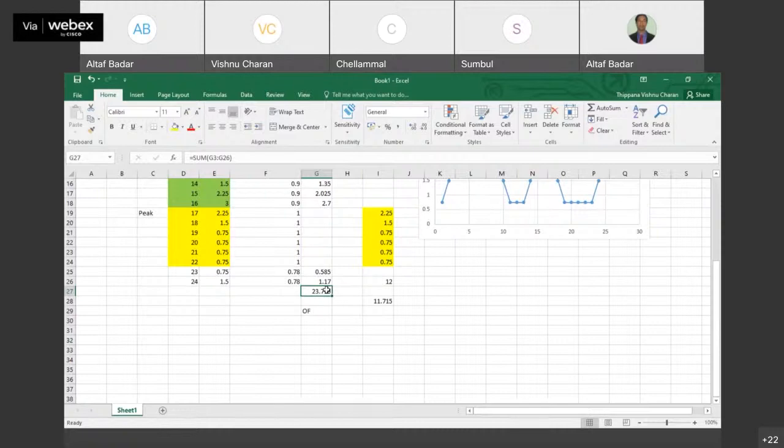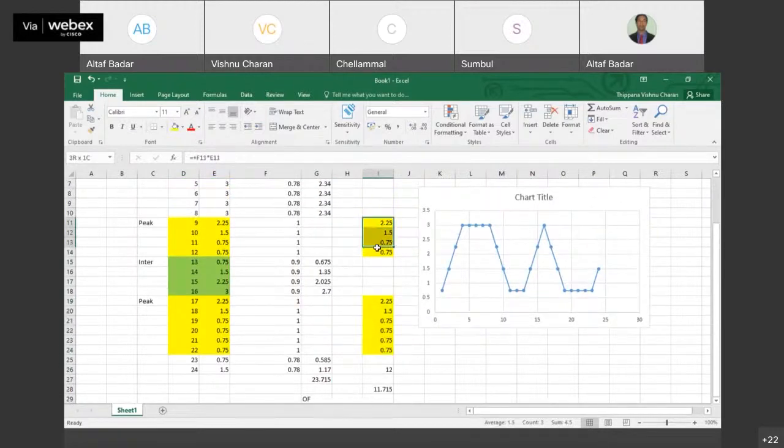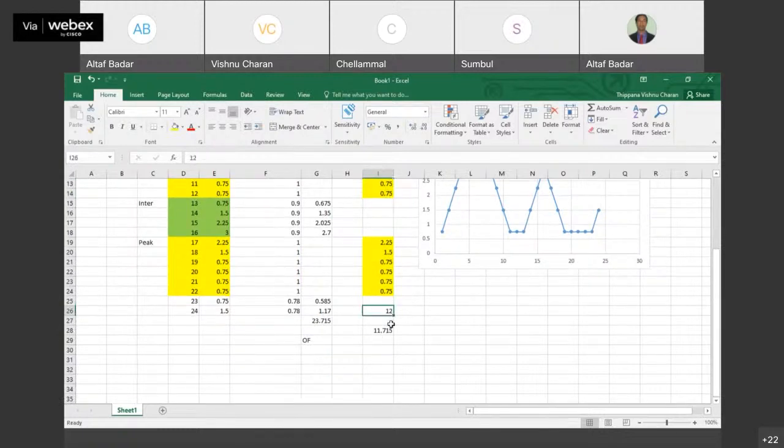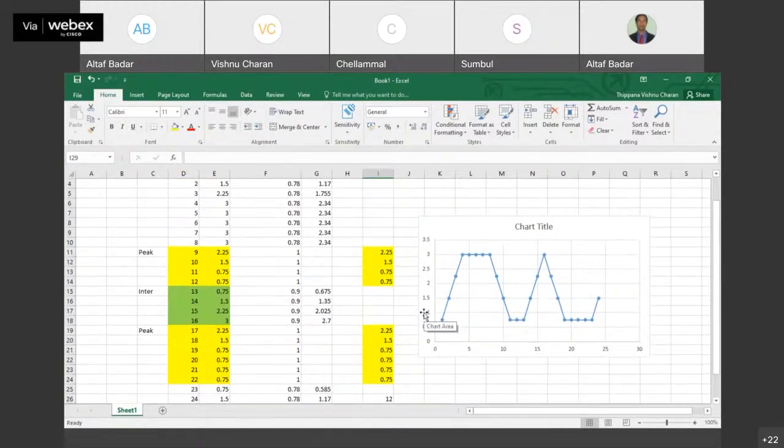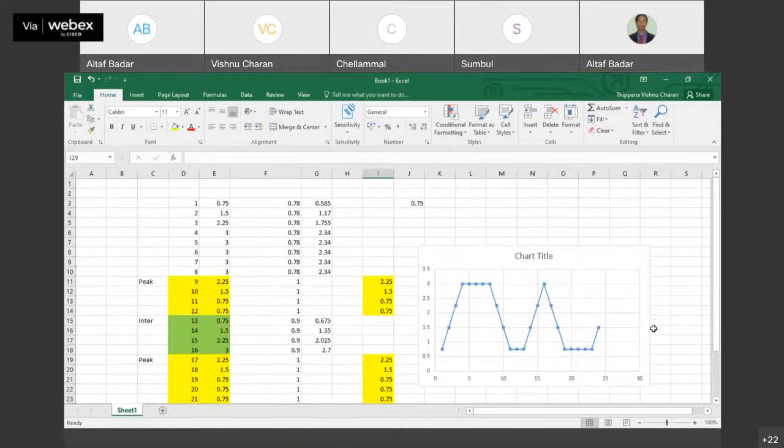So it is 23.75, and this is the peak, so this is a minus. It's coming like this. So that is the chart. The chart is a cycle for the charge and discharge in the 24 hours.